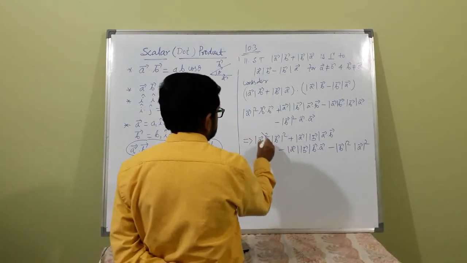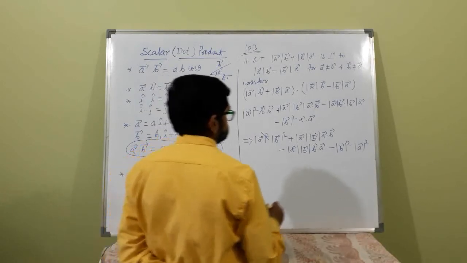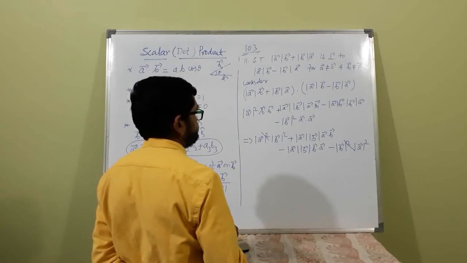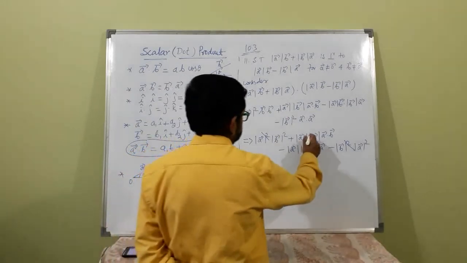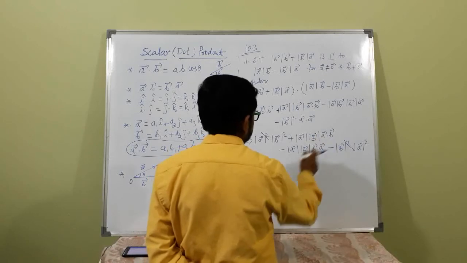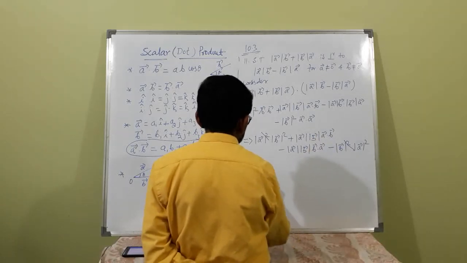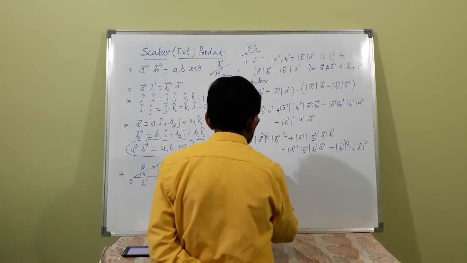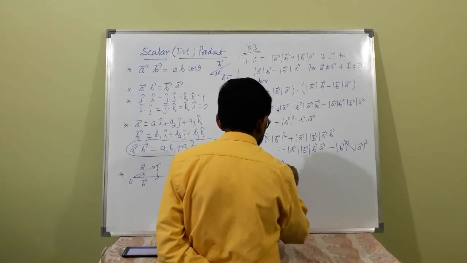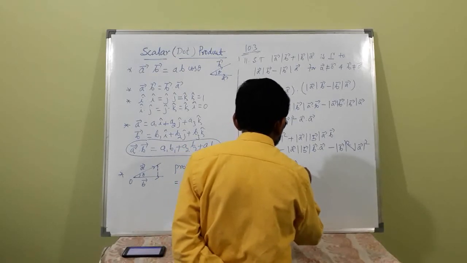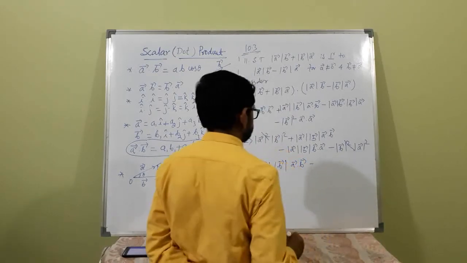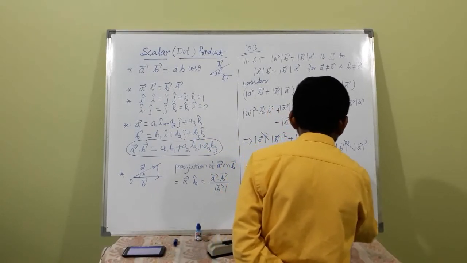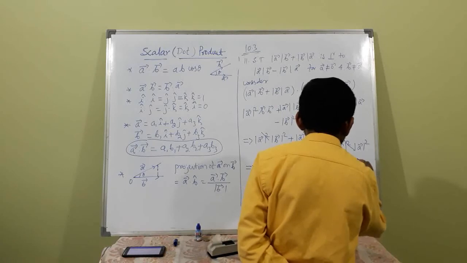See, these two are the same. And A dot B and B dot A are the same. So this implies magnitude of A, magnitude of B into A dot B minus magnitude of A, magnitude of B into A dot B only.